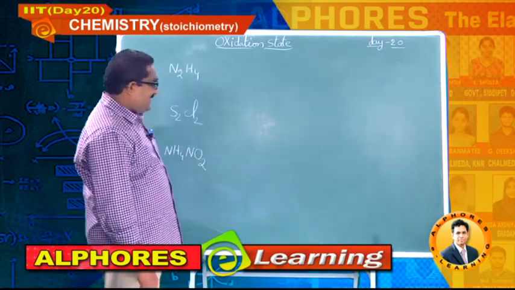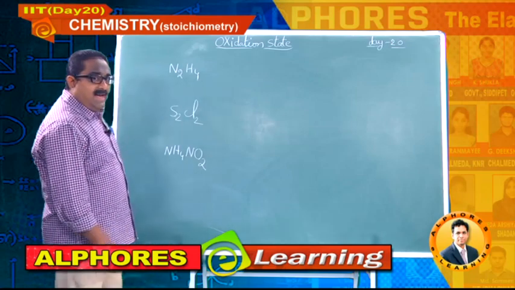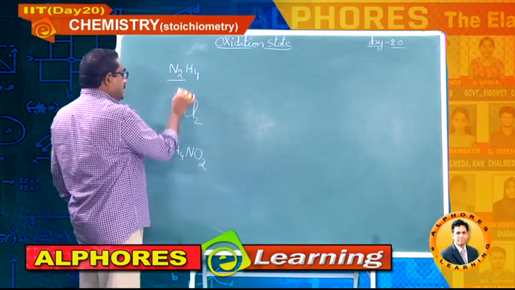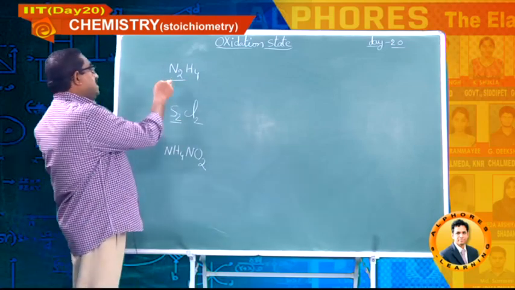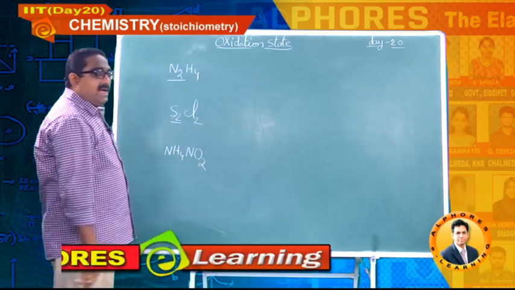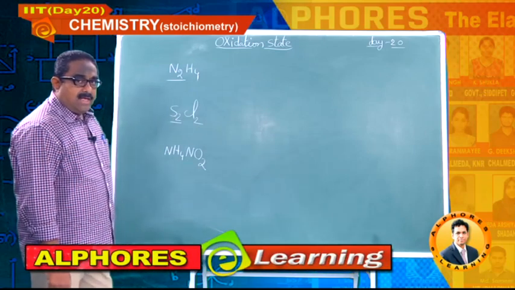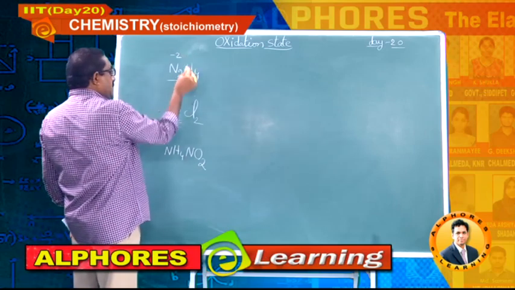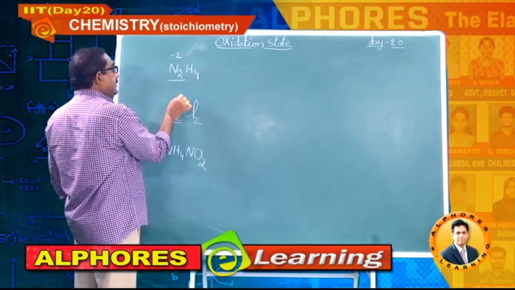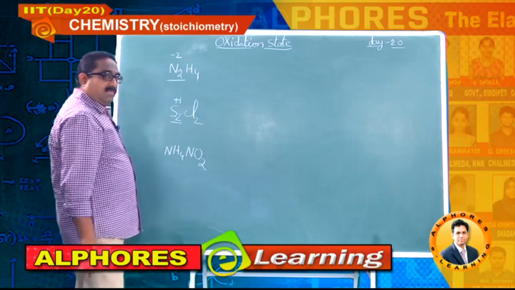Okay, students. Yesterday we discussed these 2 examples for the calculation of the oxidation state of nitrogen and sulfur here. I calculated the oxidation state of nitrogen as -2 and that of sulfur here as +1.